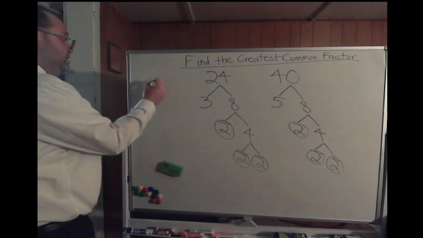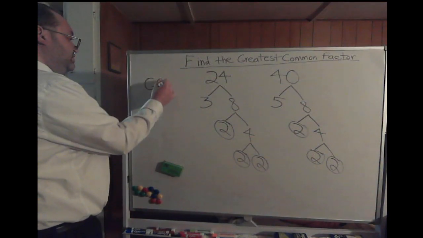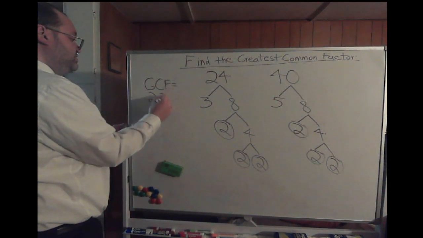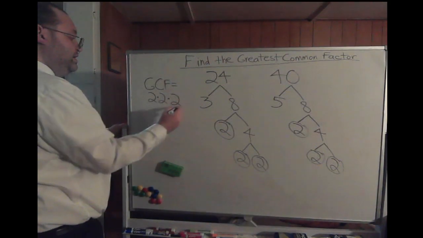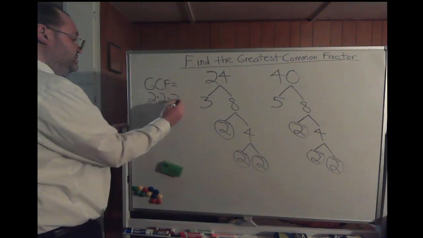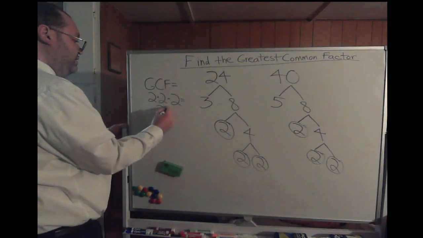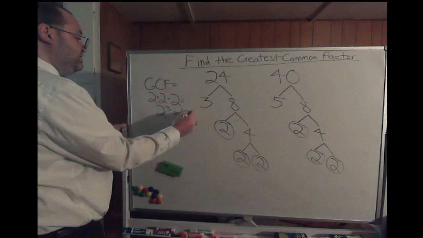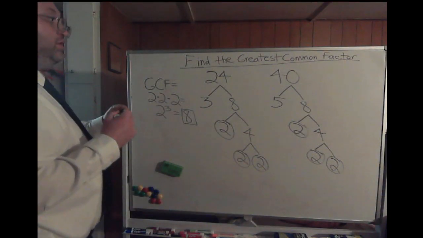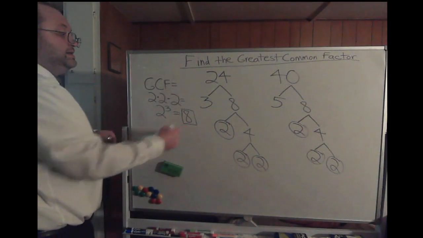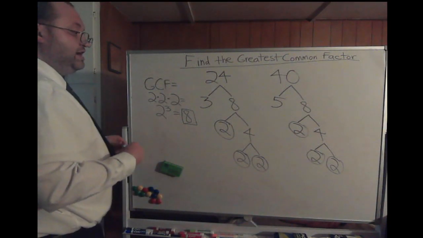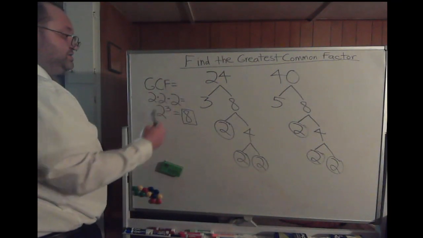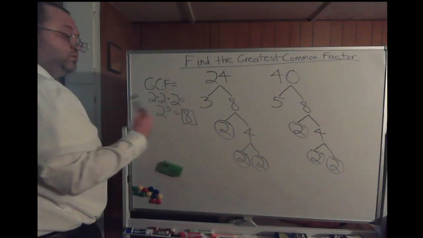So your greatest common factor is going to be equal to 2 times 2 times 2, which we know is equal to 2 to the third power, which is equal to 8. So your greatest common factor of 24 and 40 is going to be 8. That's how you'd arrive at that.